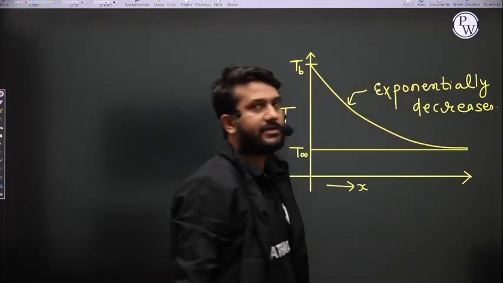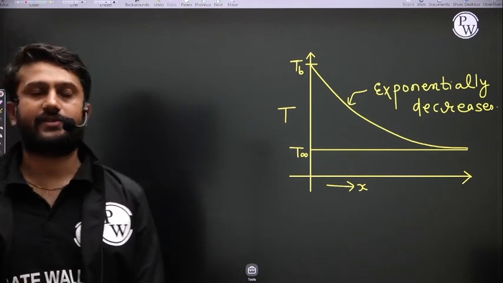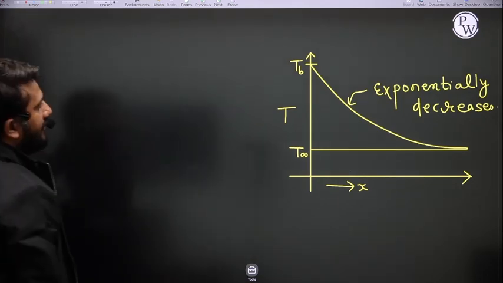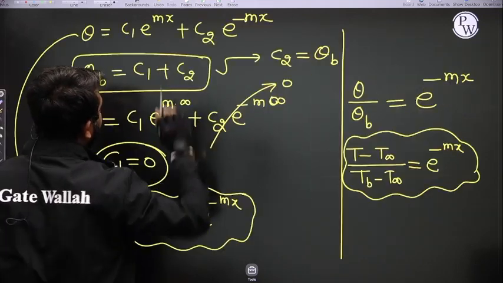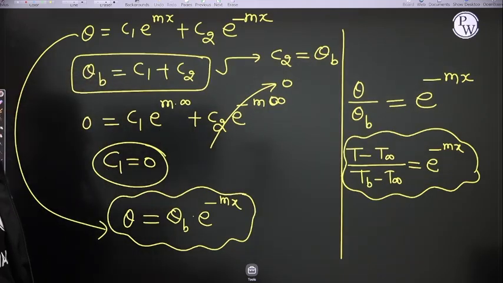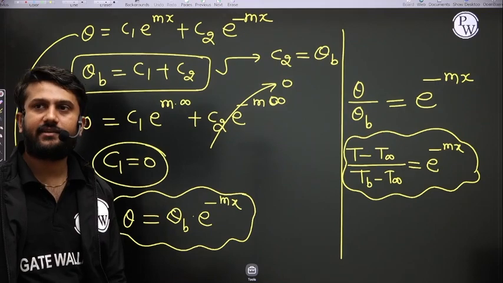Temperature decreases exponentially with x. Okay, fine. So this is the first objective: how the temperature varies with respect to x. So temperature varies exponentially with respect to x.